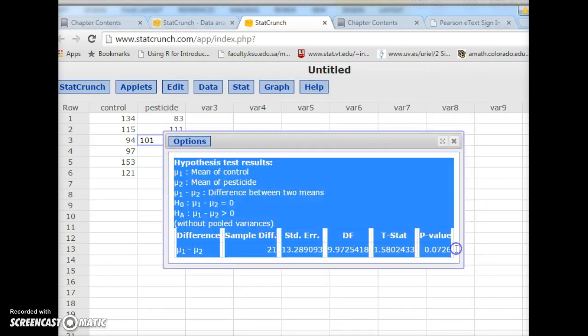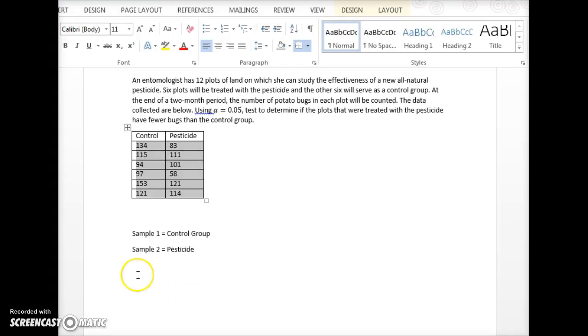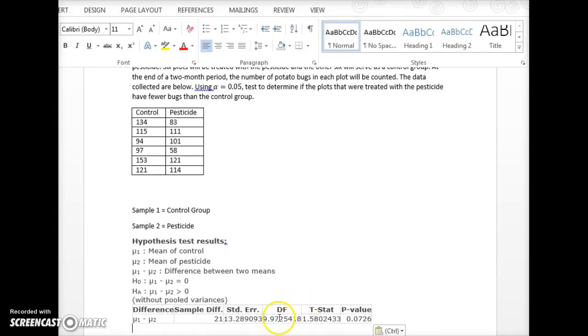So we copy this, paste it, and these are the results. We see we get the hypotheses, and we have our p-value and our test statistic.